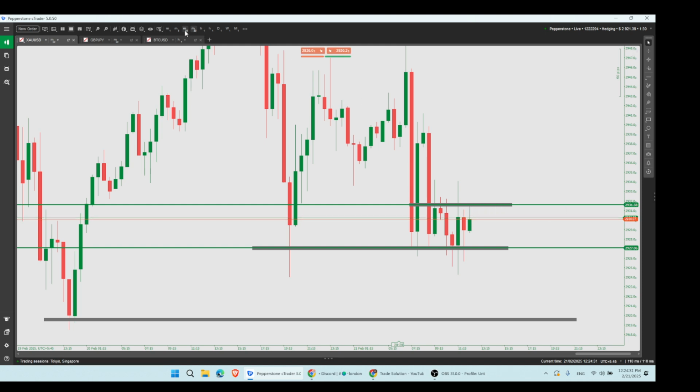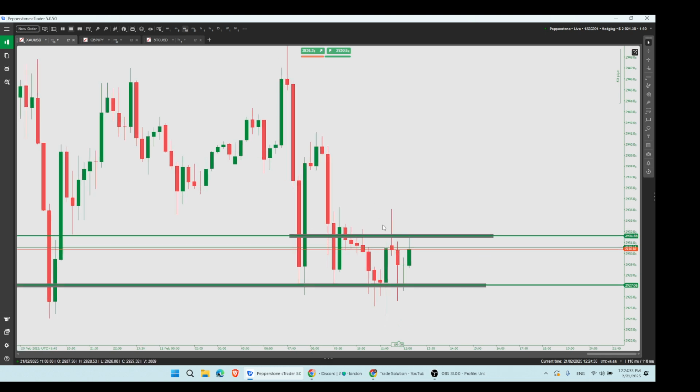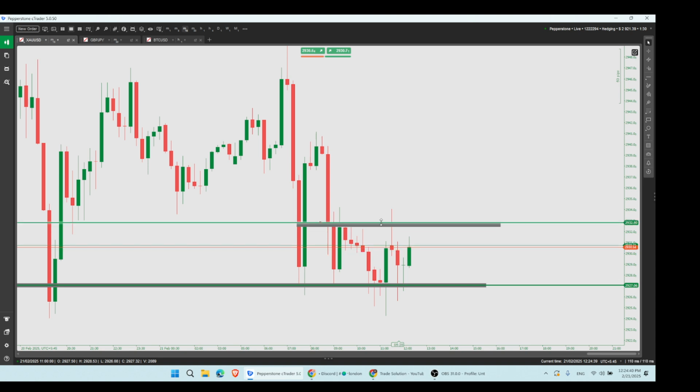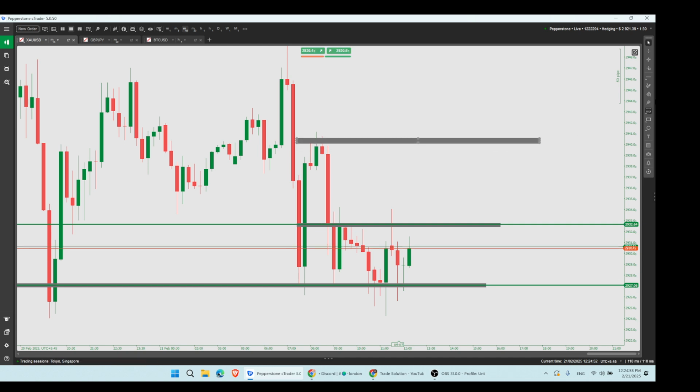Looking at the further lower time frame, the 15 minutes, it gives us the market structure. If the candle breaks and closes above this 29.32 range with a strong bullish candle, then we can anticipate the price continuing to move up till this point.